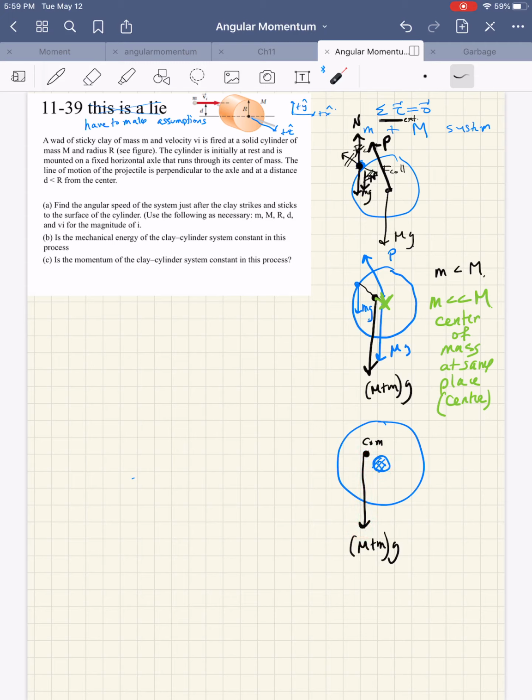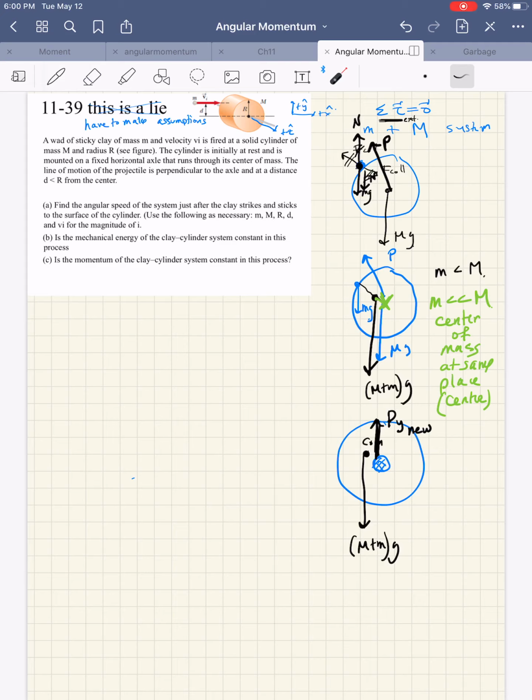Maybe what happens is that there's a pinning force that reacts that's not exactly at the center, a new y component of a pinning force, to counteract the torque from gravity. So you'd have to make one of those assumptions to meet the condition that the sum of torques equals 0.